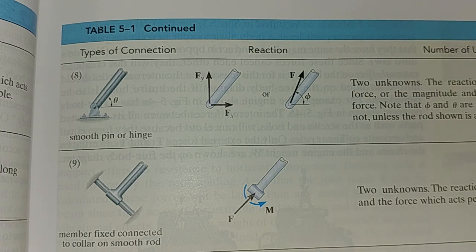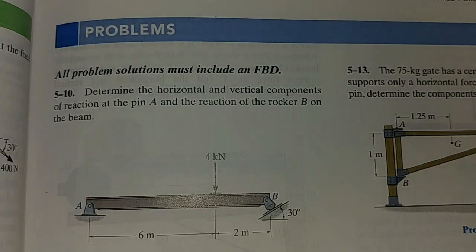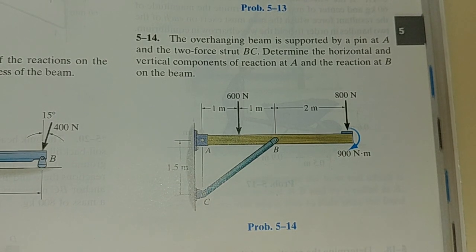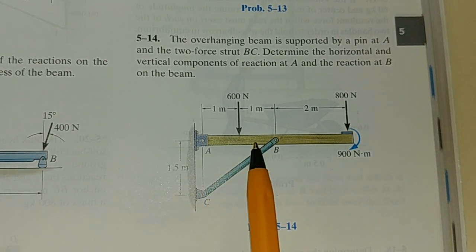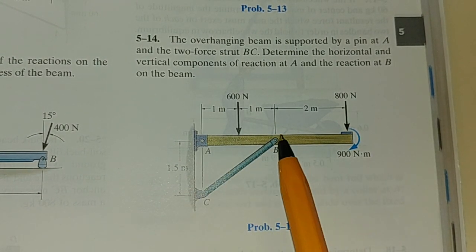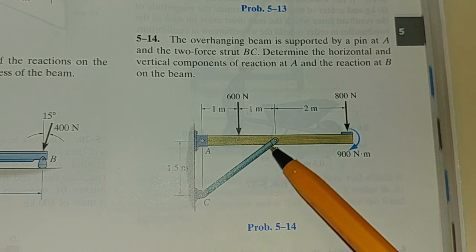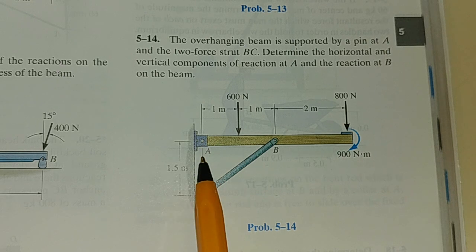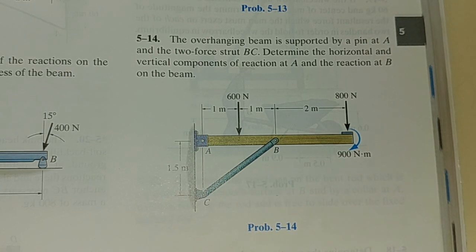Okay, now we need to just go back to this problem. Sorry, this is all over the place. You see, we've got two beams. We've got this beam, and then we've got this strut, okay? So we need to determine what are the reaction forces at A and what is this reaction at B. Okay, so let me quickly draw this guy. Okay, and then we've got this strut over here.